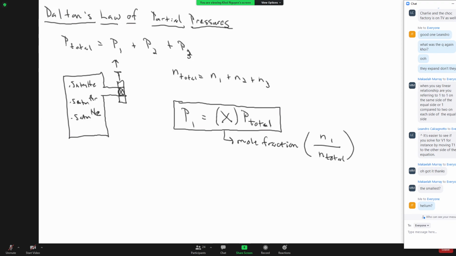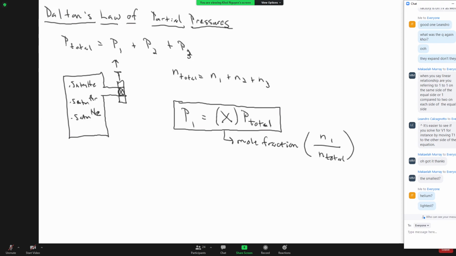I think Michaela has the right idea. Smaller molecules move more quickly, right? Heavier molecules have more inertia, applying the physics that we talked about, and are less likely to move in a system. Okay. So lighter masses have greater velocity, right?